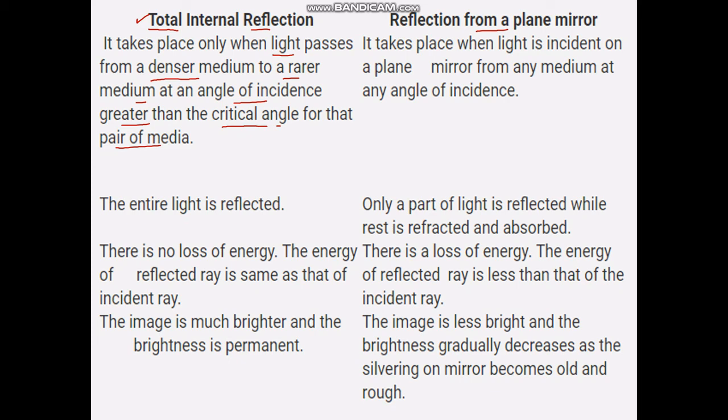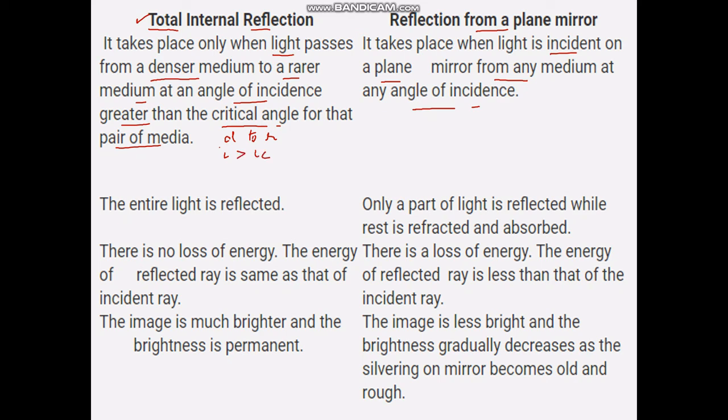Reflection from a plane mirror takes place when light is incident on a plane mirror from any medium. It can be any medium and any angle of incidence. The phenomenon of total internal reflection only occurs when light travels from denser to rarer medium and i is greater than the critical angle.